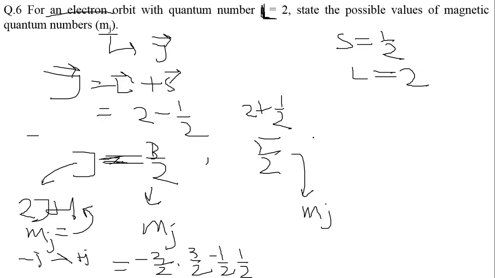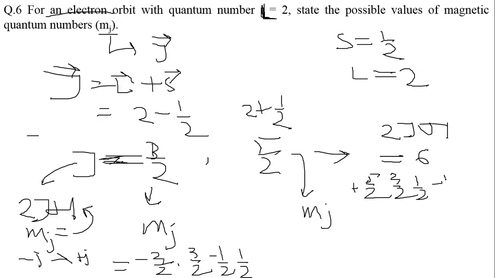Similarly, for j equal to 5 by 2, how many values of mj will be there? 2j plus 1 for j equal to 5 by 2 is equal to 6. So it will be plus 5 by 2, 3 by 2, half, minus half, minus 3 by 2, minus 5 by 2. So there are six values of mj.